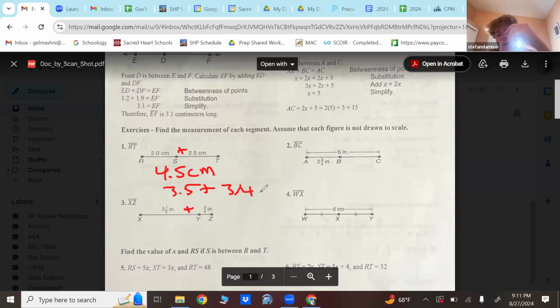Oh, I did that wrong. Let me do that again. 3.5 plus 0.75 is 4.25. So 4 1/4, yes, 4.25, right?